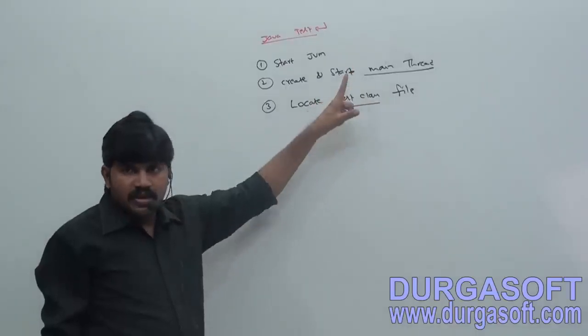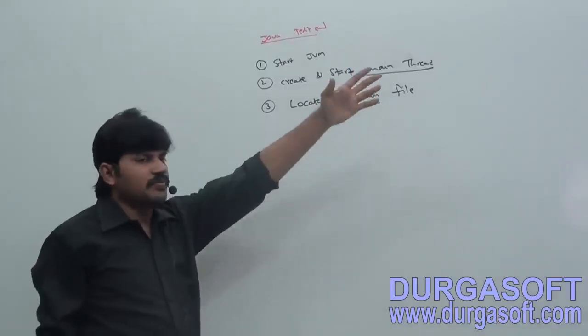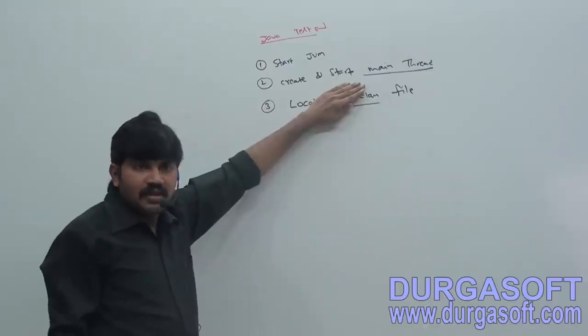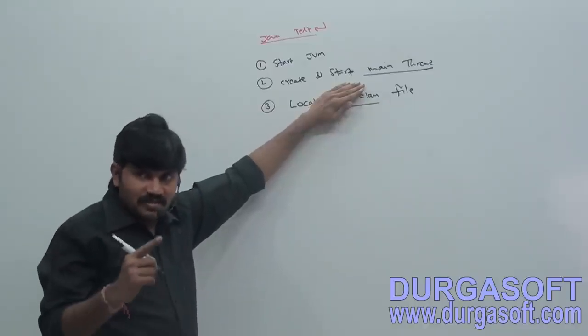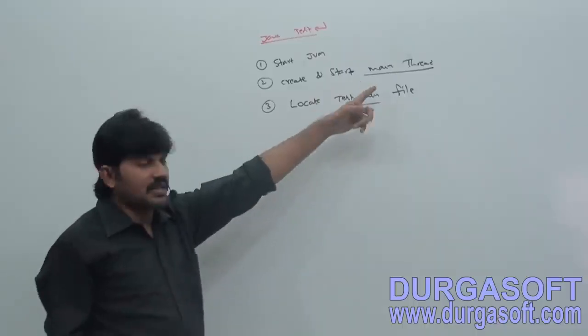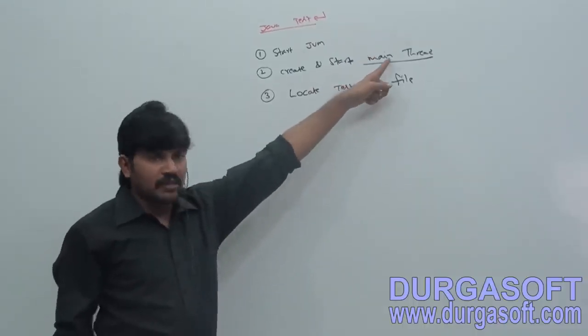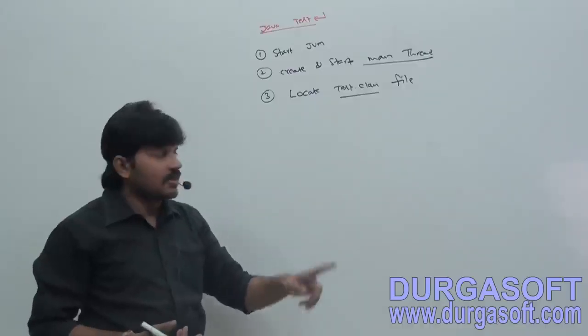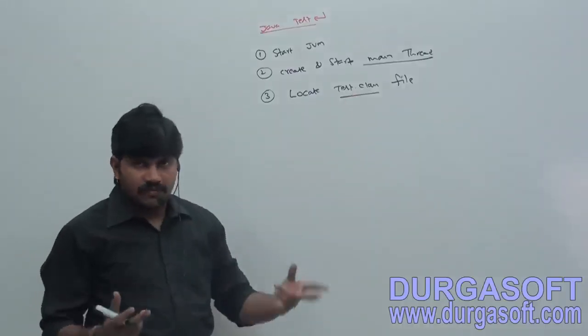The main thread is going to check whether the Test.class file is there or not. If the Test.class file is not there, then: Exception in thread main, NoClassDefFoundError: Test. So the main thread is the one responsible. That's why in the main thread I'm getting an exception, right? So locate where it is available.